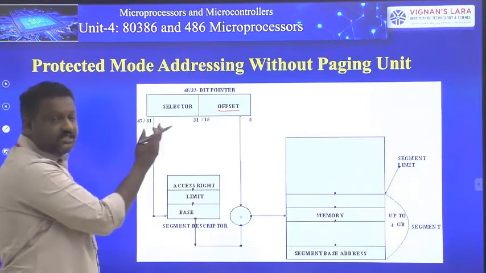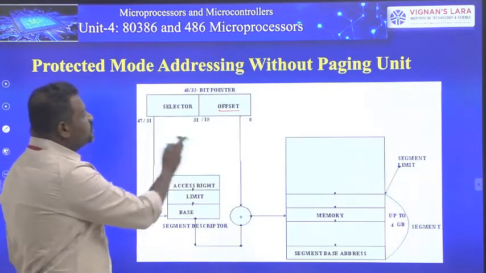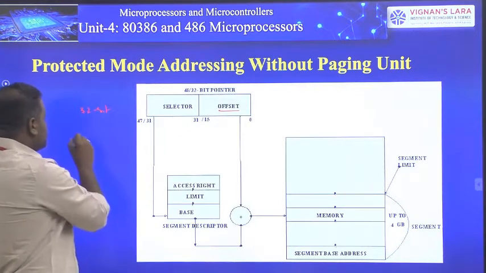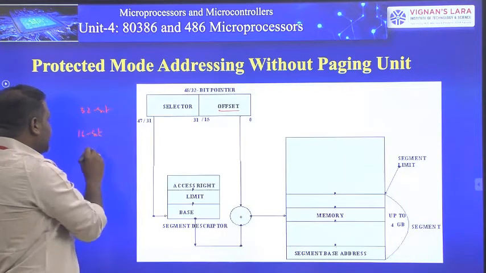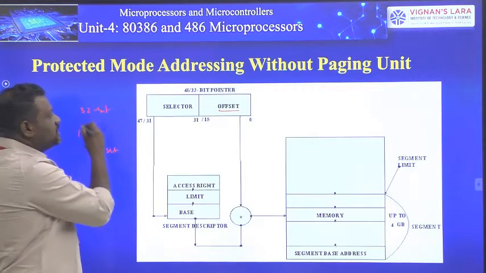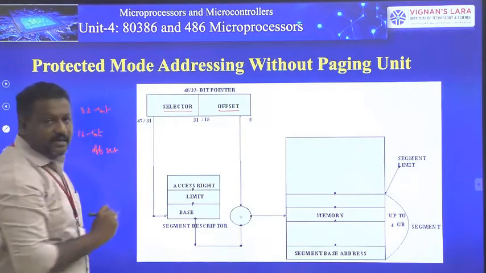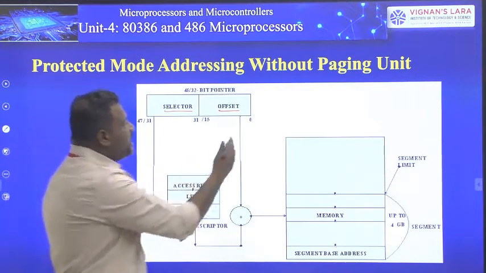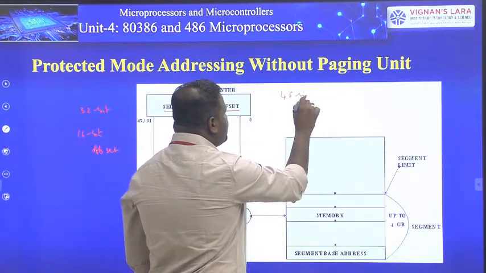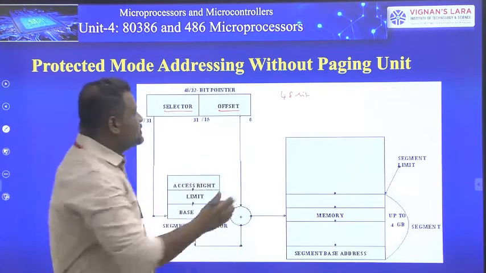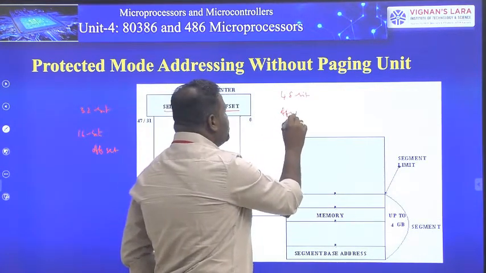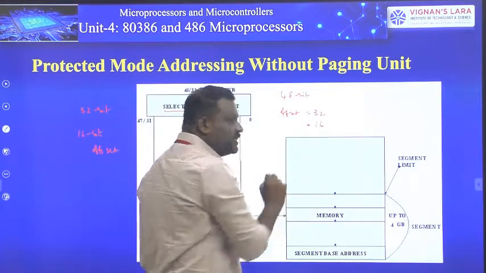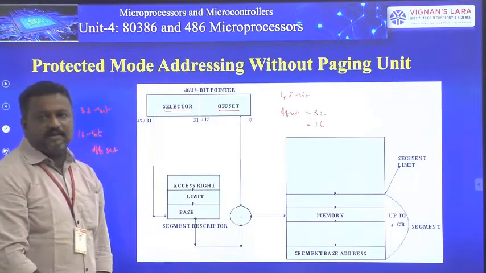If the total pointer size is 32 bits, 16 bits are the offset and the remaining 16 bits are the selector. If the total size of the pointer is 48 bits, then the offset size is 32 bits, and we are left with another 16 bits, which again we consider as the selector.